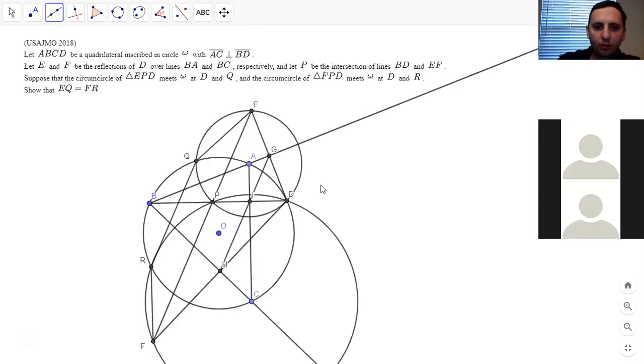It passes through the orthocenter of ABC. Is there just one Steiner line, or is there a Steiner line for every point on the circumcircle? Yeah, okay. So P is the orthocenter of ABC, and EF is the Steiner line. What makes EF the Steiner line?